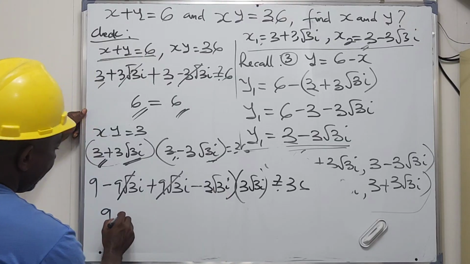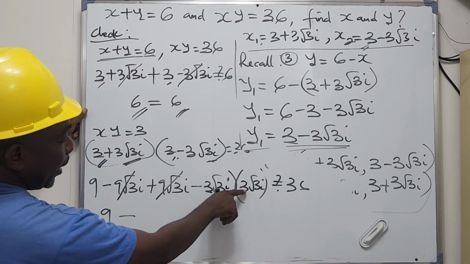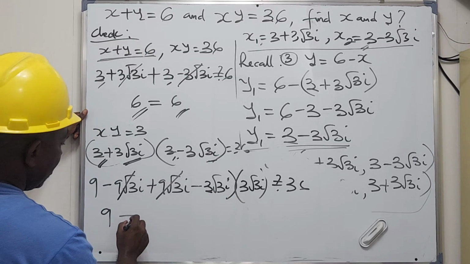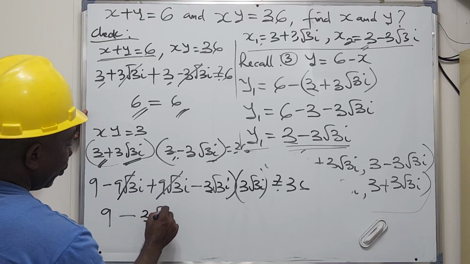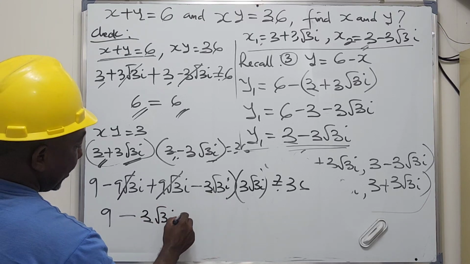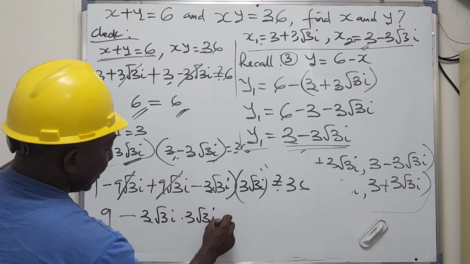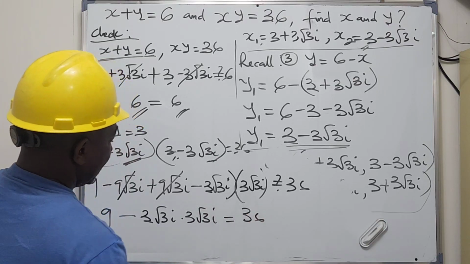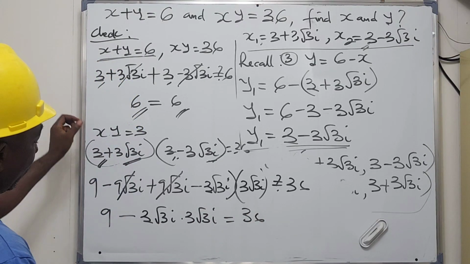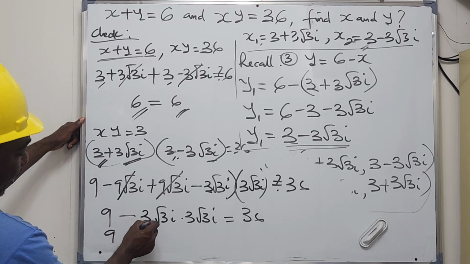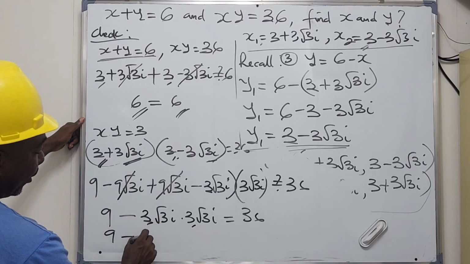So here will become minus, the whole of here will become 3 root 3i times 3 root 3i. Well, this gives us 36. So here you can see that 3 times 3 will become minus 9.